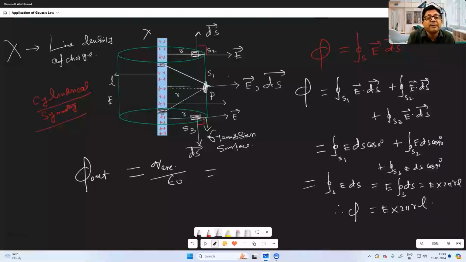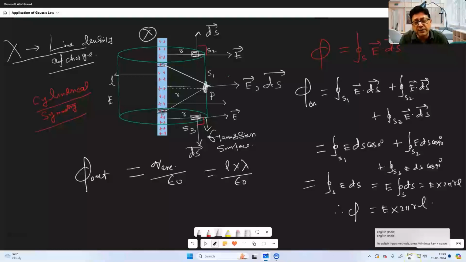Line density is lambda and length is L. So charge enclosed will be L into lambda, divided by epsilon0. This is the line density of charge. The cylinder is the Gaussian surface, but this is the line density. Per unit length charge is lambda. So over the length L, how much charge is there? L lambda.